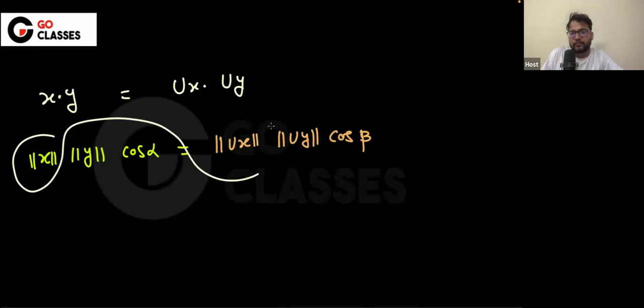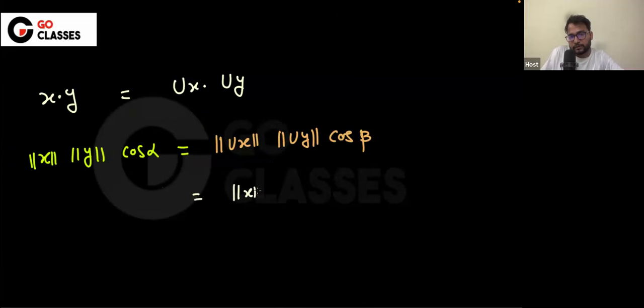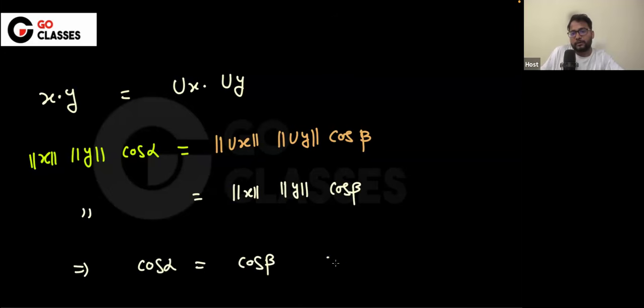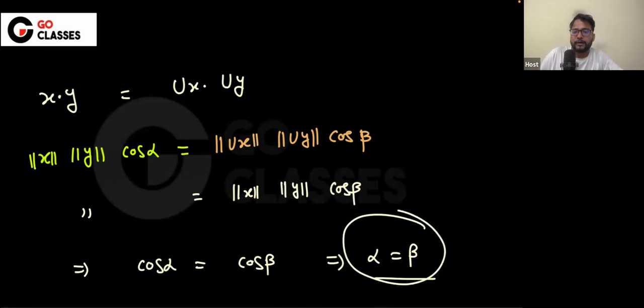So length of x and length of ux is the same, and this is the same as length of y. Then cos beta, and here you have it as it is. So from here can you say that cos alpha is equal to cos beta, which means alpha equals beta, right? Is this fine to everyone? I'm just doing a one-to-one comparison, so that's fine, right?